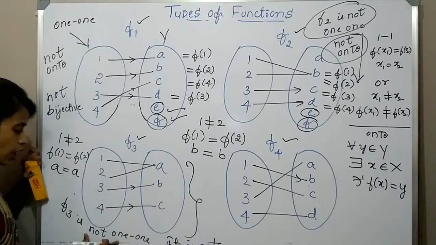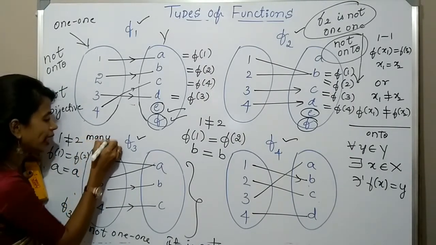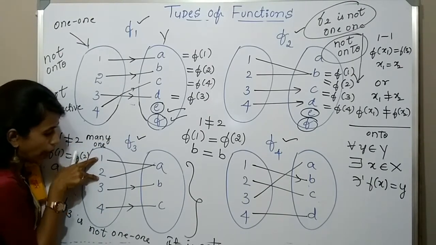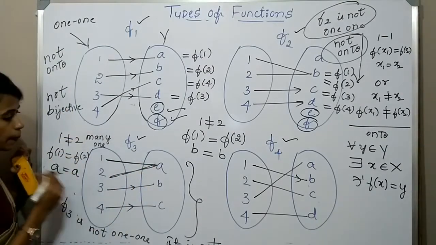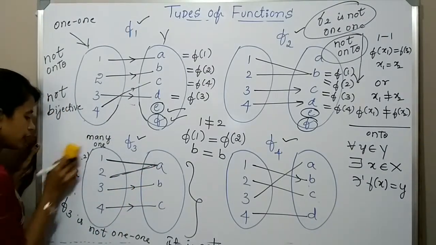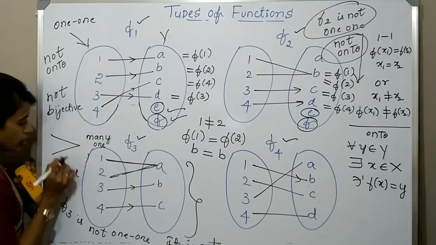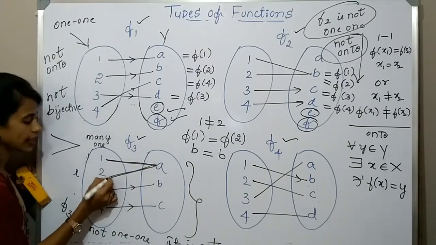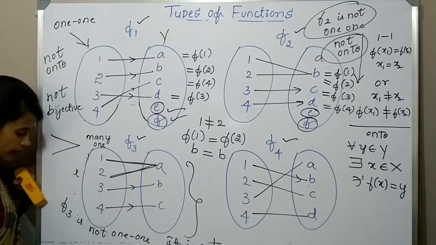In fact, not 1-1 means what? This is many-one. Why is it many-one? Many elements map to only a single element. That is, if I have this symbol, then you write, this is many-one. Many maps to a single element. That is many-one, not 1-1.